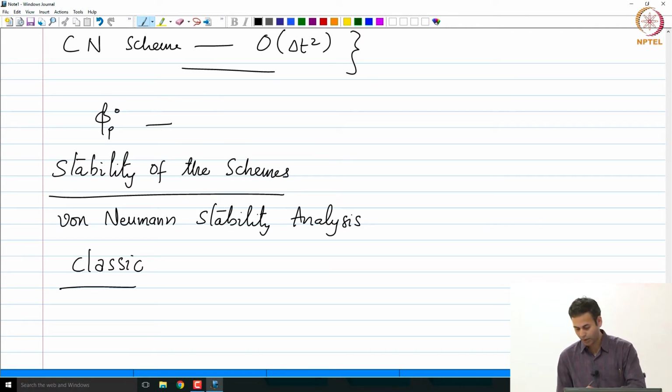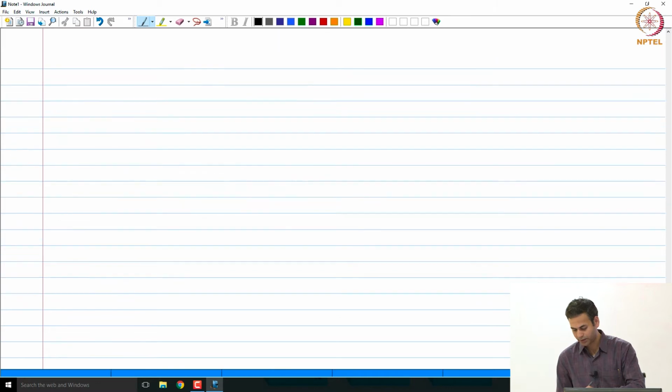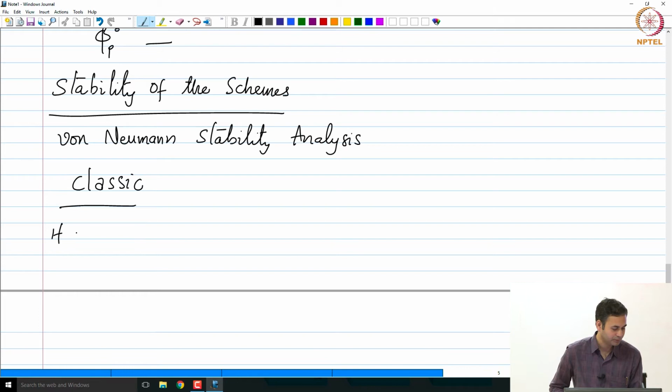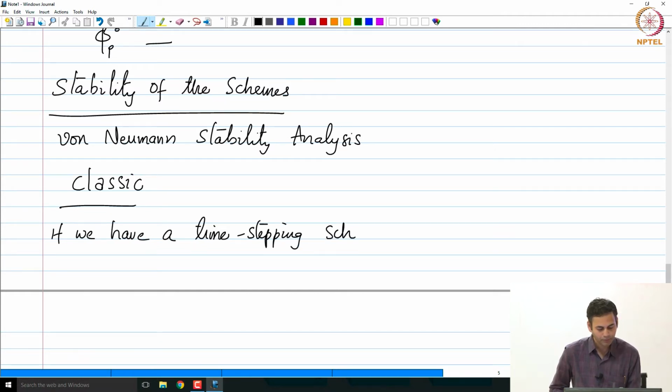Essentially, what this stability analysis tells us is, if we have a time stepping scheme, are the time steps that we are choosing going to keep the round off error stable or not. That is what the stability analysis tells you.